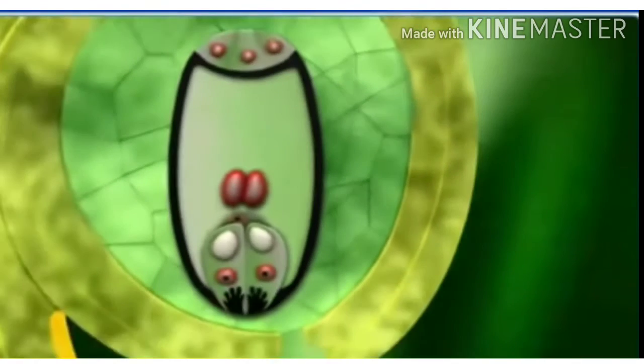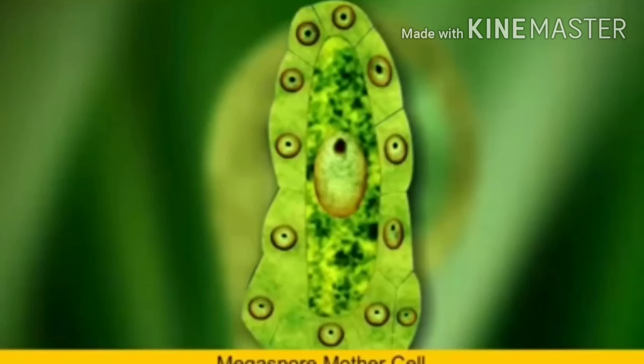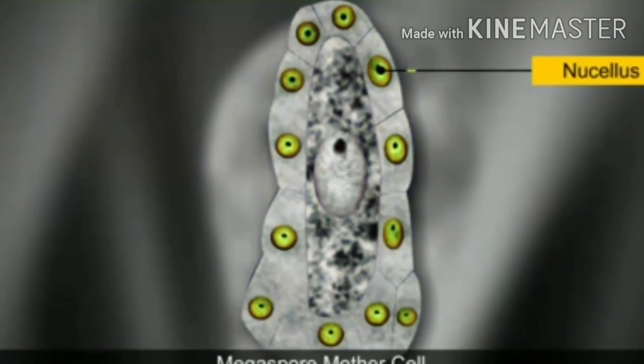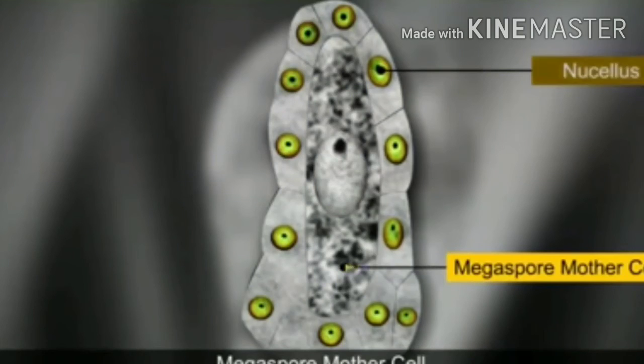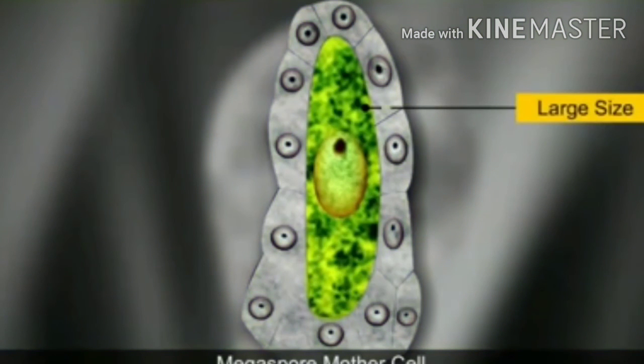In the nucellus of the mature ovule lies the embryo sac. The female gametophyte matures from a megaspore. Megaspore is formed when one of the nucellus cells towards the micropylar end differentiates into a megaspore mother cell, which can be easily distinguished from other cells by its size, dense cytoplasm and a prominent nucleus.